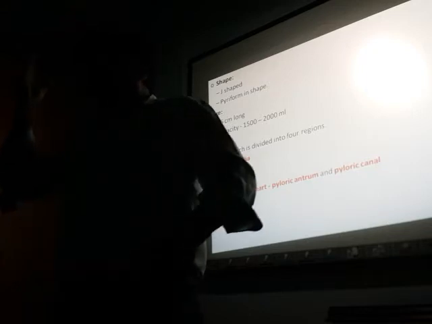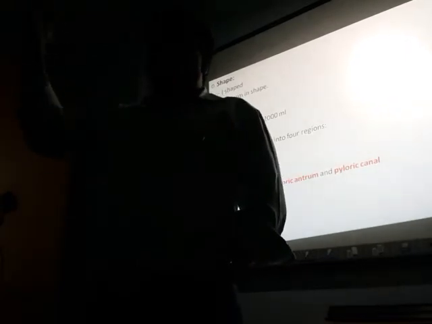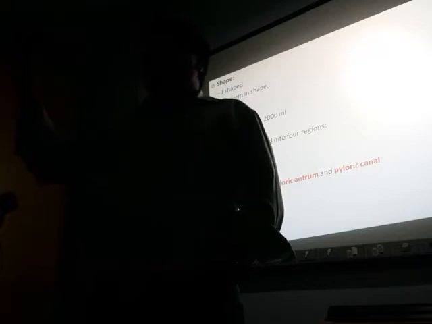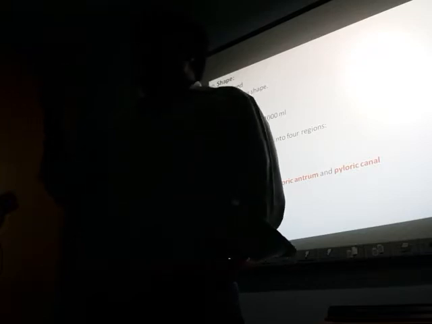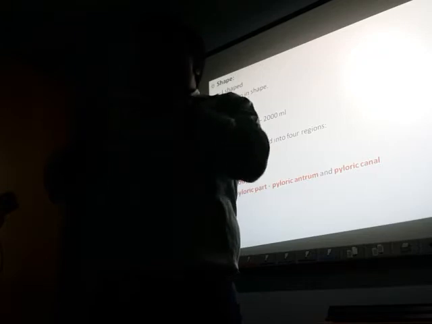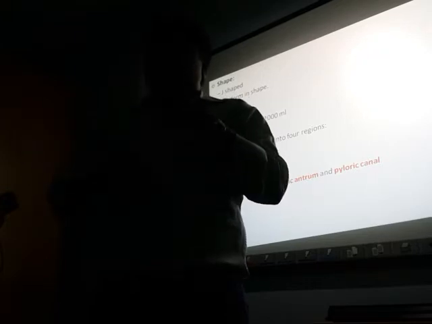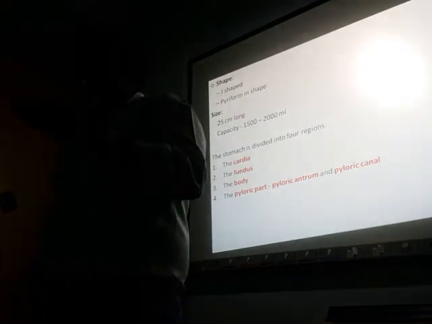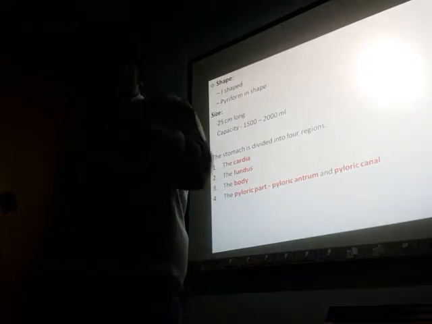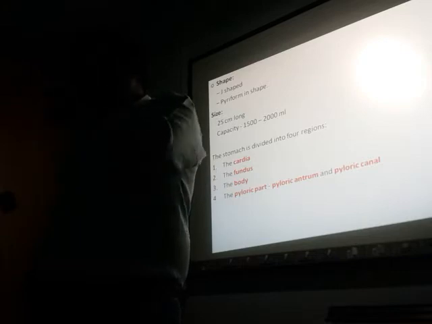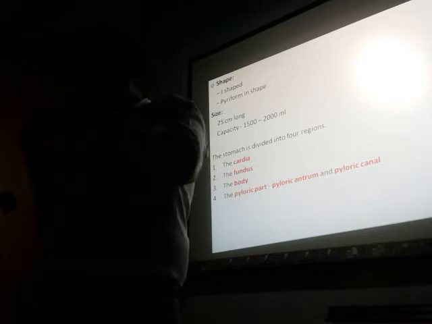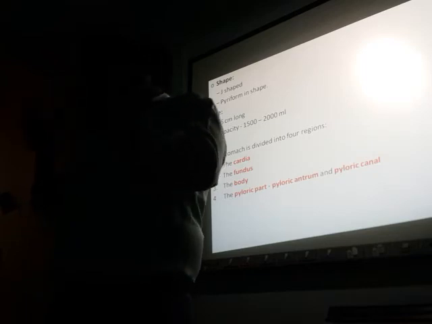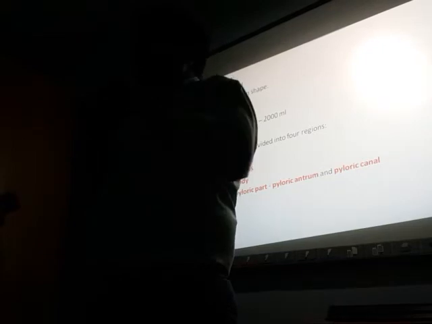If you compare the stomach with other parts of the gastrointestinal tract, the stomach has one extra layer of muscle coat. In the small intestine or the esophagus you find 2 layers of muscular coat, the circular and longitudinal. But here you have one more extra, the oblique layer, and the muscle coat is very thick here. This thicker 3-layered muscle coat helps in churning the food and converting it into chyme.